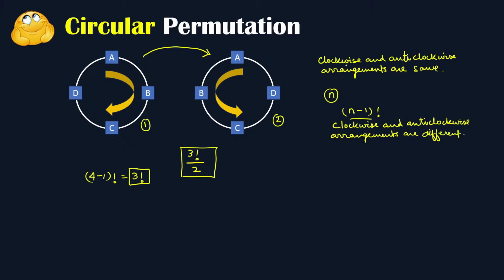But if the clockwise and anti-clockwise arrangements are same, then the total number of circular permutations will be half into n minus 1 factorial. Is it clear to all of you?